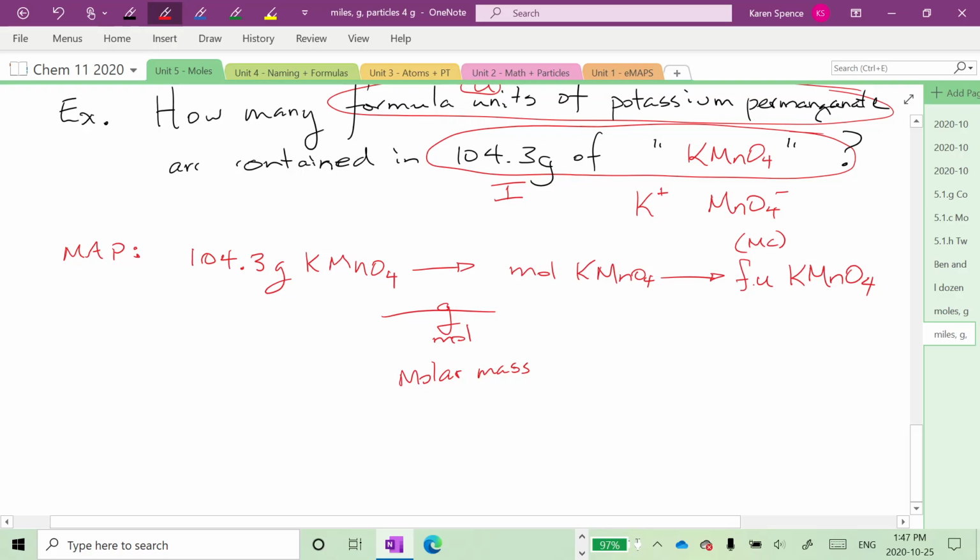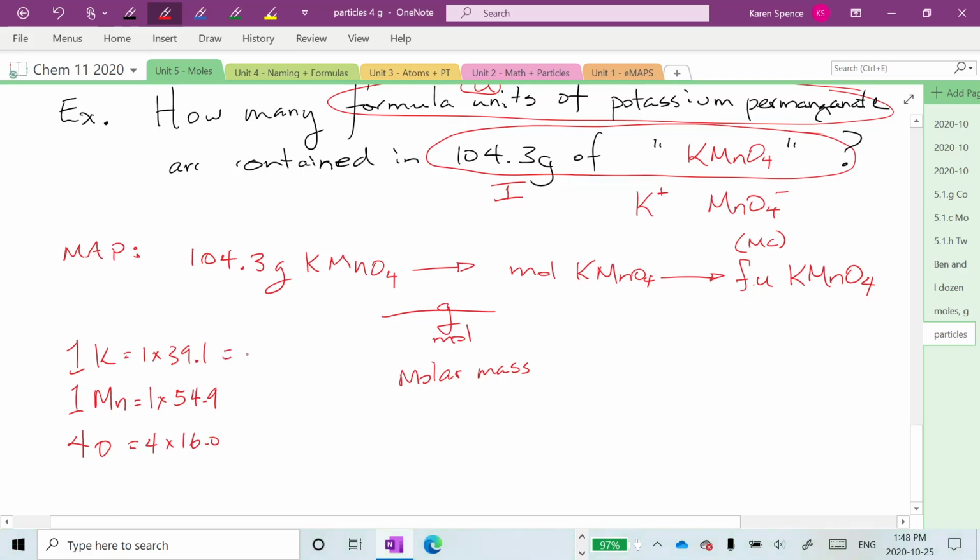And the molar mass of KMnO4, I have 1 potassium, I have 1 manganese, and I have 4 oxygen. So I have 1 times, I think it's 39.1, and I have manganese, which is 1 times 54.9, and I have 4 oxygens, which is 4 times 16.